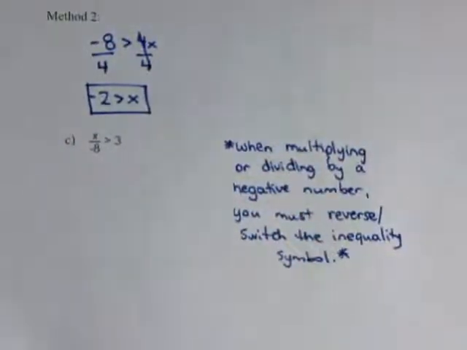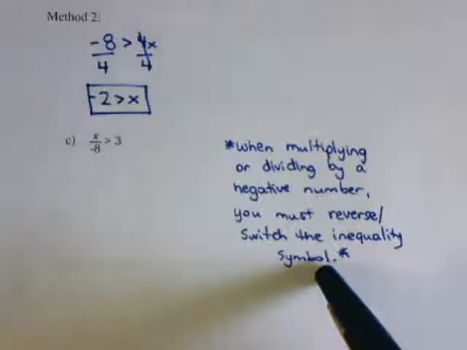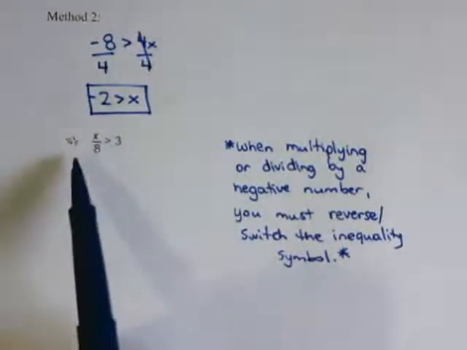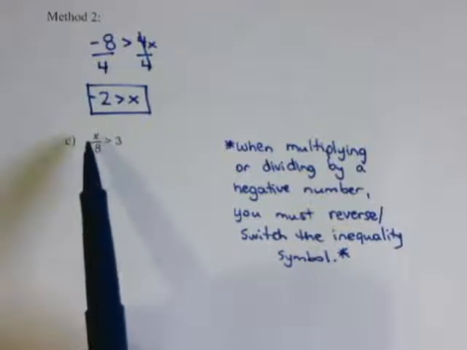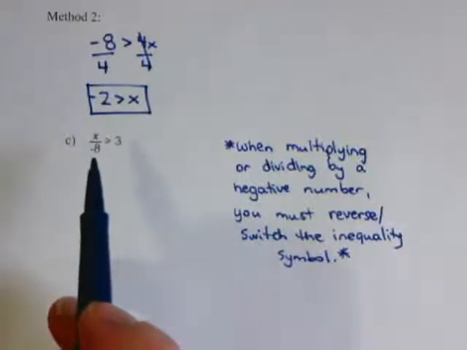Now, this is a very, very important rule for you to know. You have to know this. You have to memorize this. So, what does this look like? Well, here's an example. X divided by -8. That is a negative number that we are trying to get rid of so we can isolate our X. So, if it's X divided by -8, we have to multiply by -8.